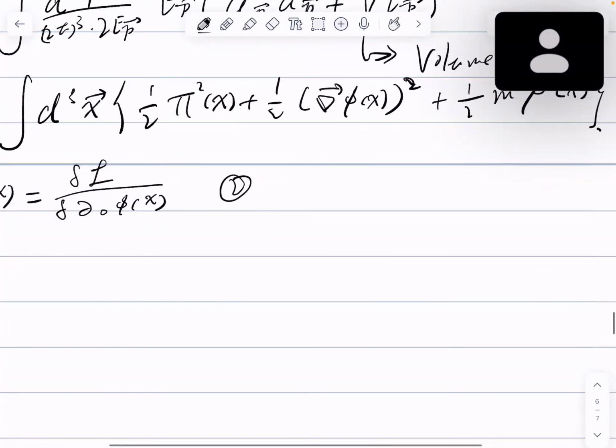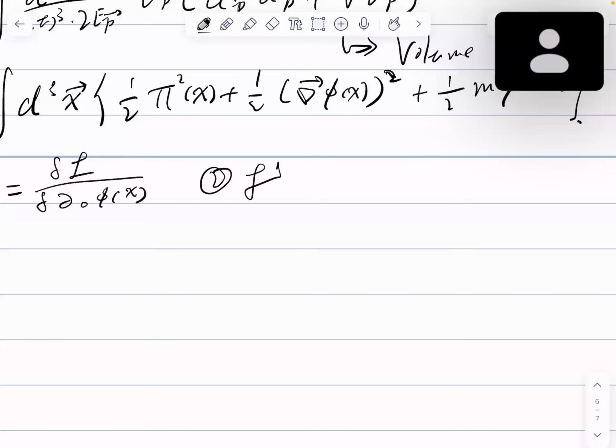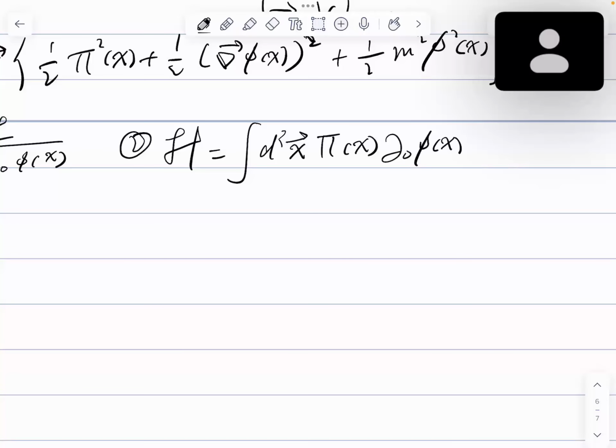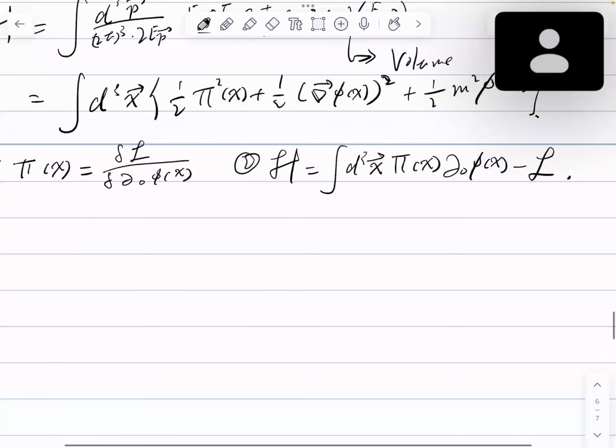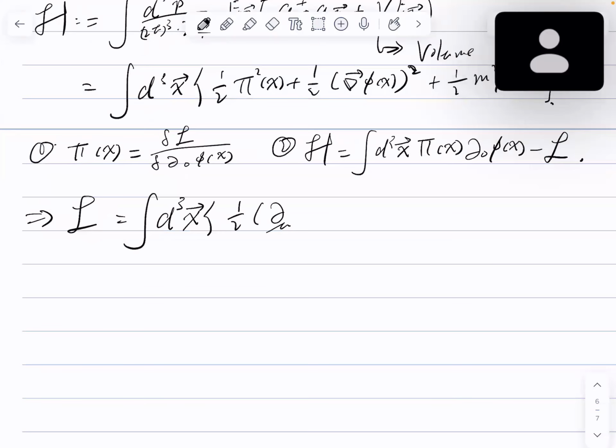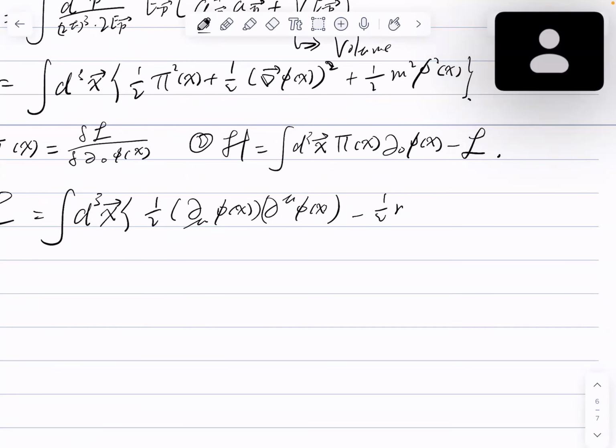And second, the relation between the Hamiltonian and the Lagrangian is H equals π(x) ∂₀φ(x) minus L. Using these two requirements, we can obtain the Lagrangian density immediately: L equals one half ∂_μφ(x) ∂^μφ(x) minus one half m² φ².